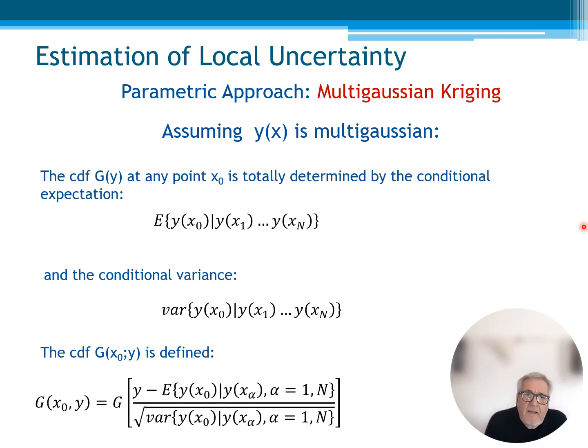So the cumulative distribution function G of this Gaussian variable at any point is totally determined by the conditional expectation and the conditional variance here, in any location x0. So the CDF is totally defined here by those two parameters, the local mean and variance.